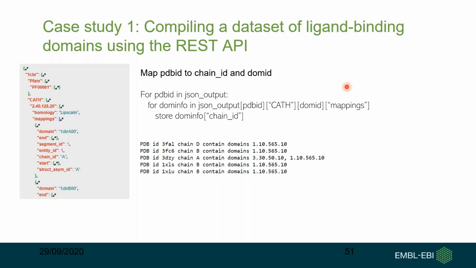So again, you have to go through the JSON output and get the variable from within the JSON output. And let's store this as DOM info chain ID. So once you store that, again, programmatically, you can go through the entries, and this is what you will get. A map of chain ID for each PDB entry that maps to the domains.